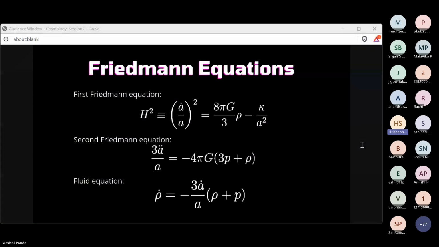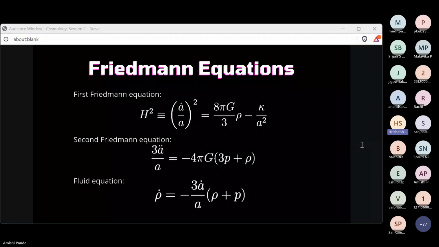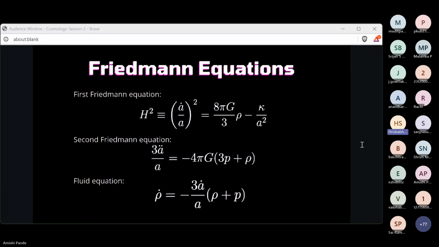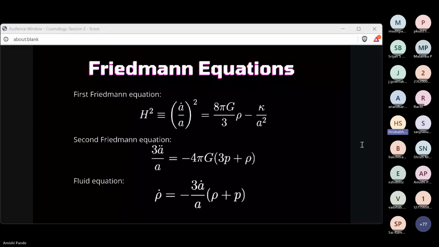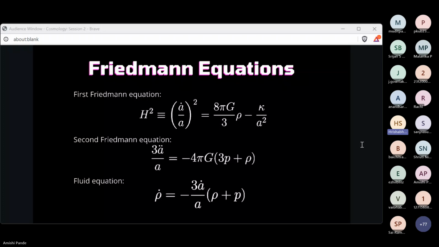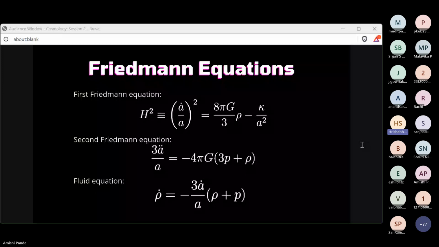If you remember from our last session, the kappa that we use in the FLRW metric takes only the discrete values -1, +1, and 0. The kappa here is that discrete value divided by the radius of curvature. So the kappa here can take any value, to be honest, positive or negative, and the sign tells you whether it is positively curved or negatively curved.